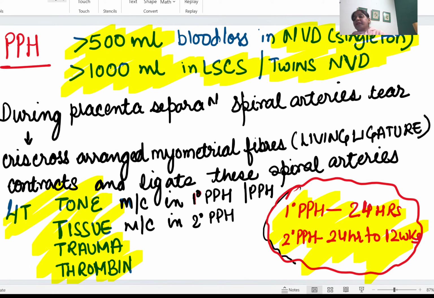After 24 hours, this does not happen, that uterus contract, relax, uterus contract, relax. So atonicity is not the cause of secondary PPH. Once the tone is there for 24 hours, then the uterus is not going to relax. Okay, do you got it?